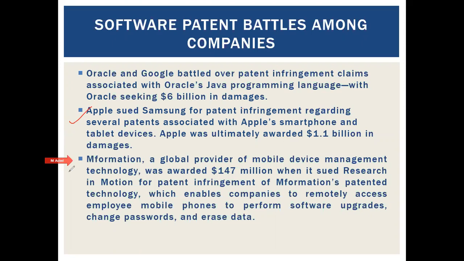Further is MFormation, a global provider of mobile device management technology, which was awarded $1.147 million when it sued Research In Motion for infringement of MFormation's patented technology, which enables a company to remotely access an employee's mobile phone to perform software upgrades, change passwords and erase data.